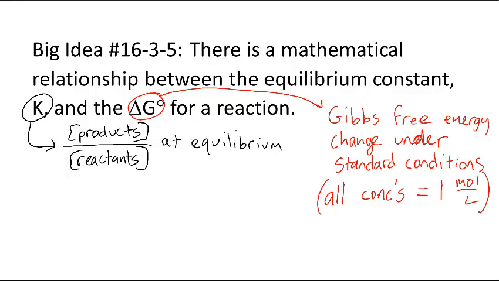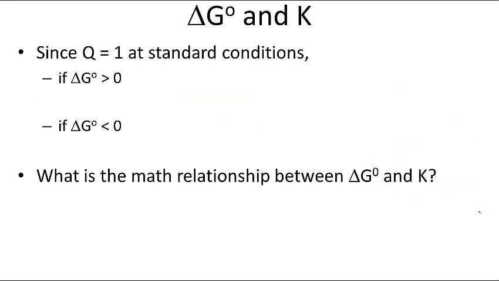First thing we're going to do is conceptually lay out the general framework of what that relationship should look like, and then I'll just give you the equation, which is on your formula sheet. But rather than just launch in and say, here's the equation, let's think about it for a moment. So at standard conditions, Q equals 1.